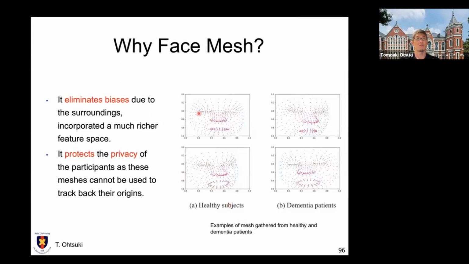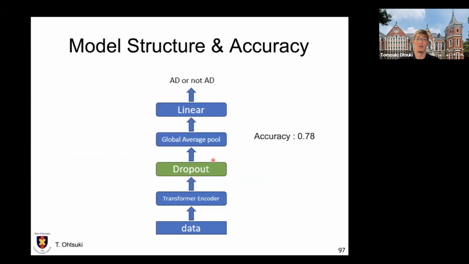If we apply the face mesh, we can eliminate those biases. And the more important thing is that we can protect privacy. Different from the raw image, not much personal information is contained. That's why we apply this. Here is one of the model structures, and we achieved an accuracy of 0.78, and for the other one we are achieving a higher one. This one, as I mentioned, is the transformer-based one.